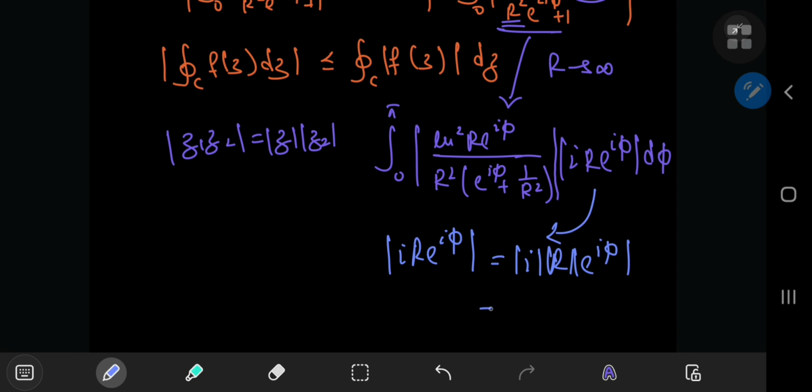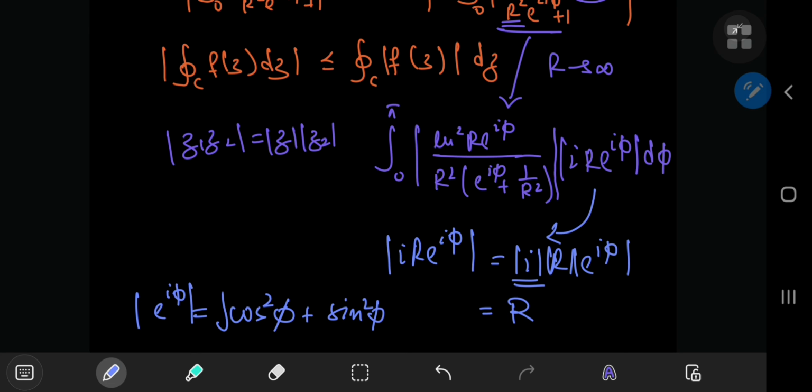Now, the magnitude of the vector representing this complex number i is 1, obviously. It's the imaginary unit. And r is a positive number, so 1 times r is just r. And e to the i phi has a very cool magnitude. It's the square root of the square of the cosine of phi plus the square of the sine of phi, which is 1, of course.